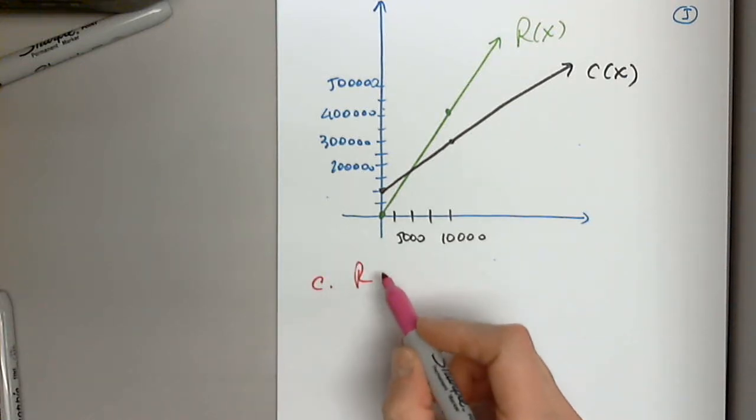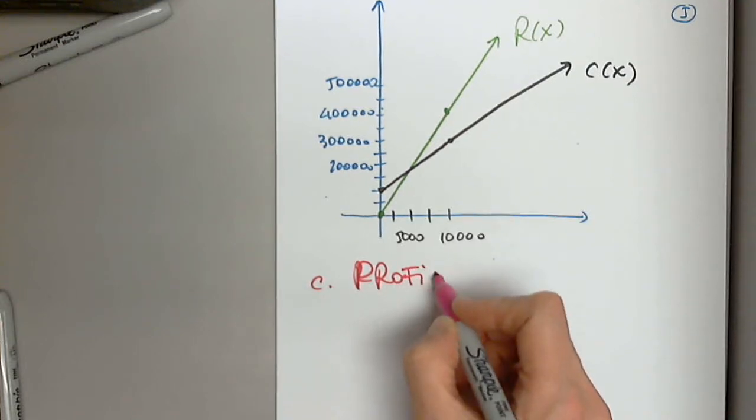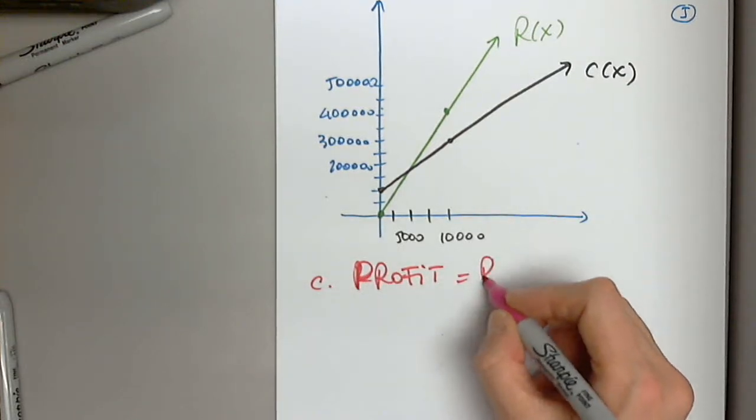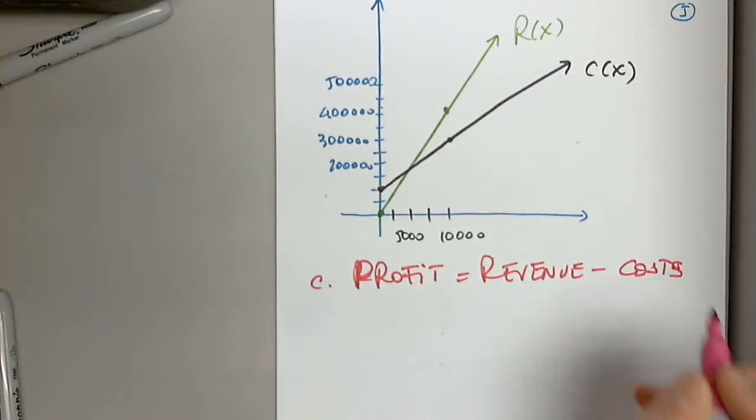In part C, we want to calculate the profit. Profit function will be revenue minus total costs.